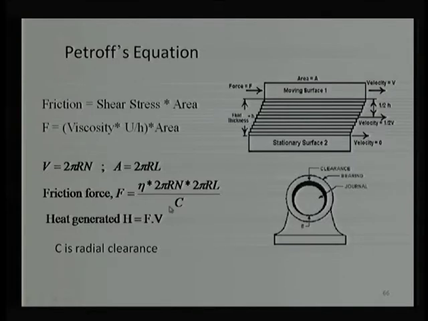It is not a Reynolds equation, we are not using a Reynolds equation at all in this case. We are using a simple algebraic equation. We know the friction force is shear stress into area, and shear stress for the liquid can be represented as viscosity into the velocity gradient, and then into area. We have substituted those values and finally figured out that the heat generated is friction force into velocity.